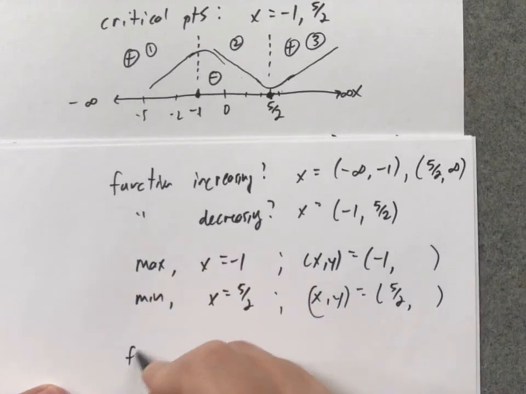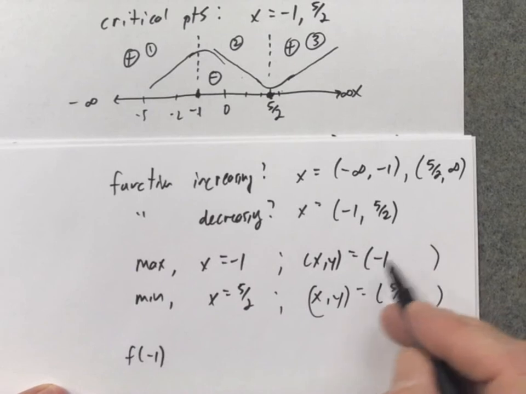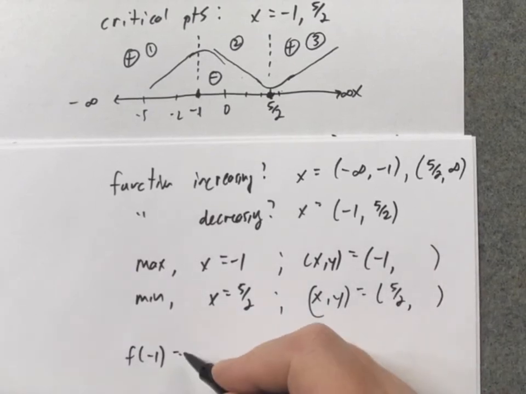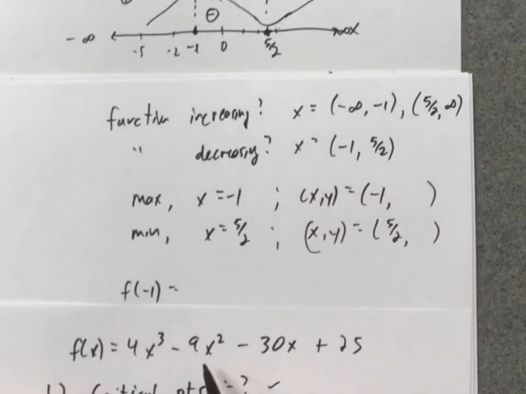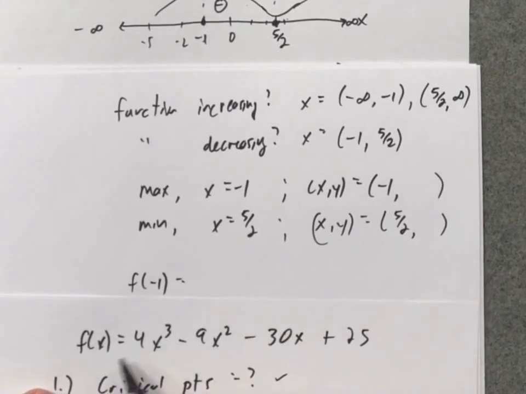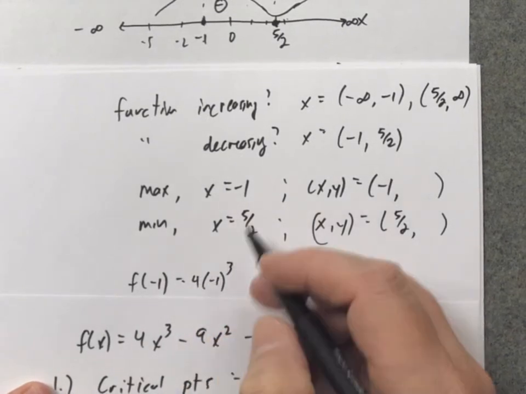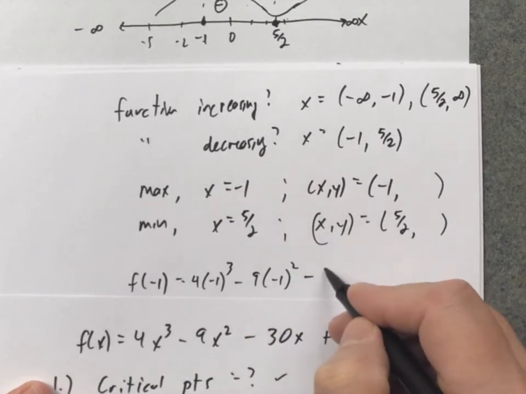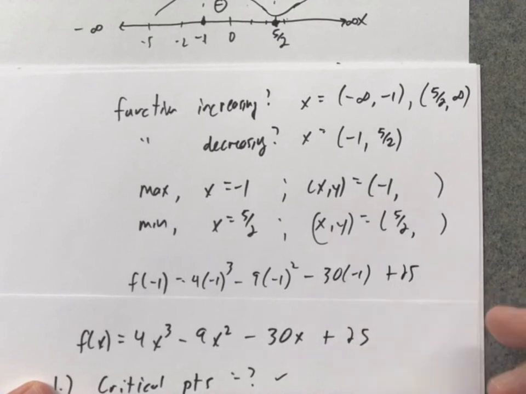And I'm going to plug in my value of x. So if I want to know the value of y, or the value of the function, it's f of -1. And here is my function. So you plug in -1 for x. 4 times -1 cubed minus 9 times -1 squared, minus 30 times -1 plus 25.